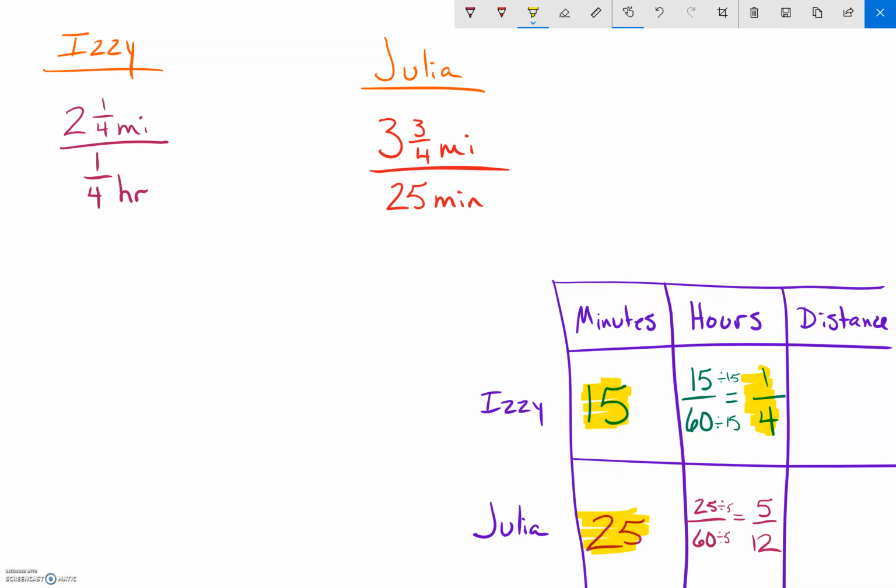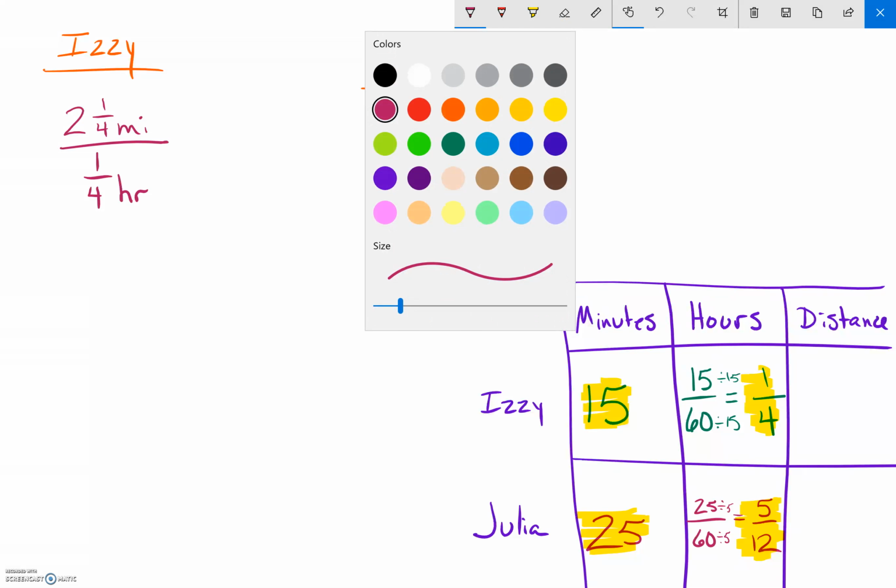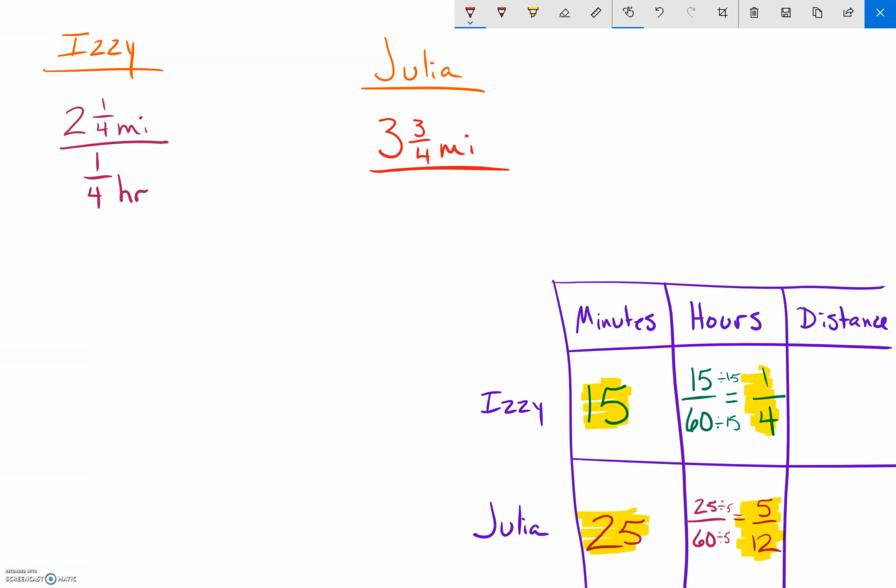And 25 minutes is the same thing as 5/12ths of an hour. So we're converting our fractions from minutes as the time to portions of an hour. And you'll see why in a second. So Julia ran 3 3/4 miles in 5/12ths of an hour. Now we'll be able to make our conversions.